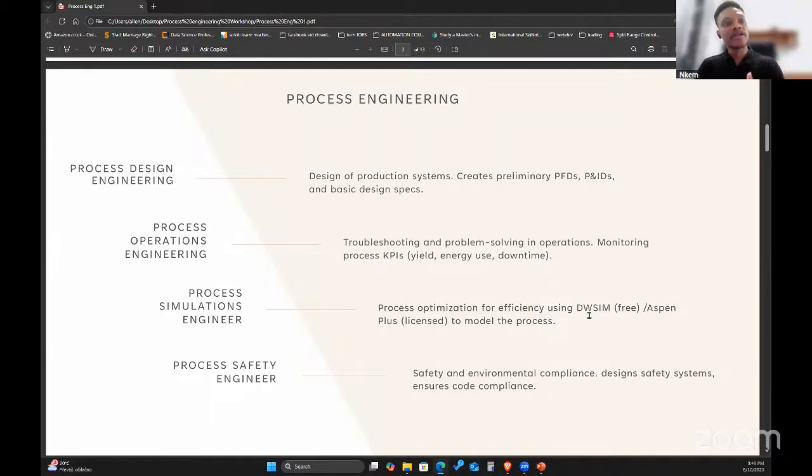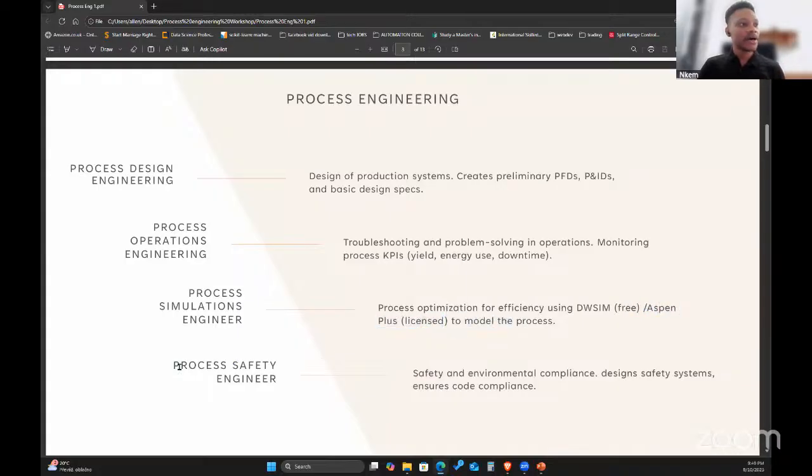For those already in chemical process and petrochemical, you can also acquire coding skills to add to the skills you already have, because there are lots of companies coming up with software like this. For example, Pro 2, whose parent company is here in the Czech Republic. They're currently developing and improving their software, which is a competitor with Aspen Plus.